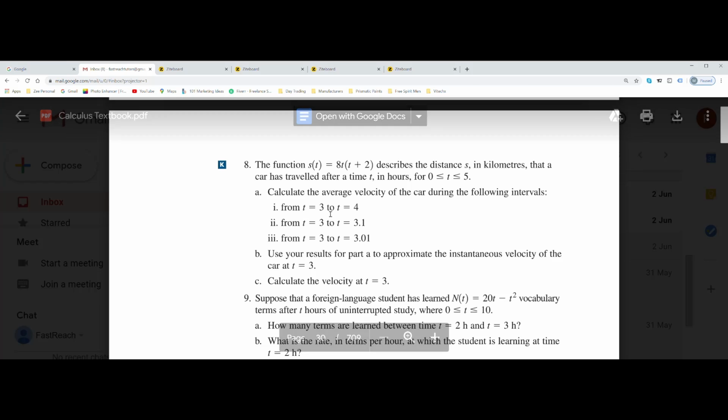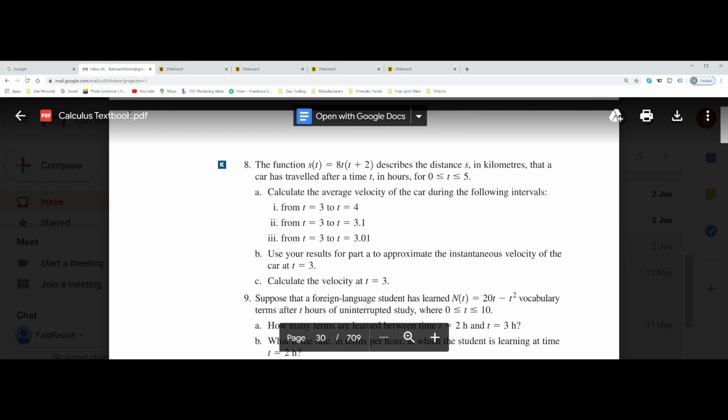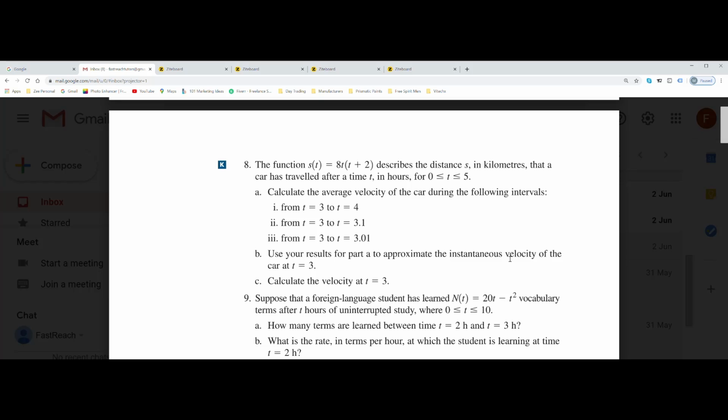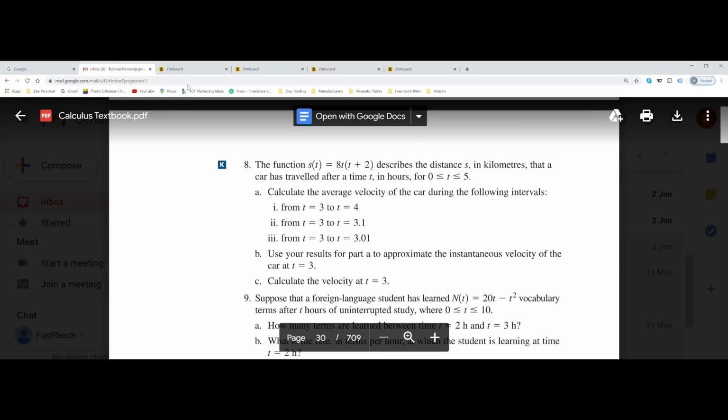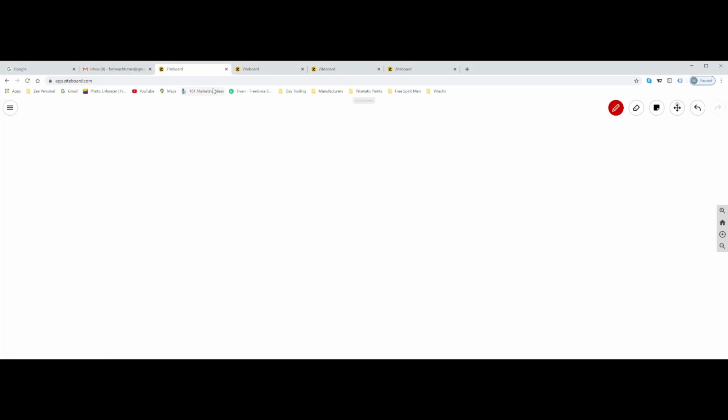So from t equals 3 to t equals 4, t equals 3 to t equals 3.1, from t equals 3 to t equals 3.01. So now let's use the results from part A to approximate the instantaneous velocity.